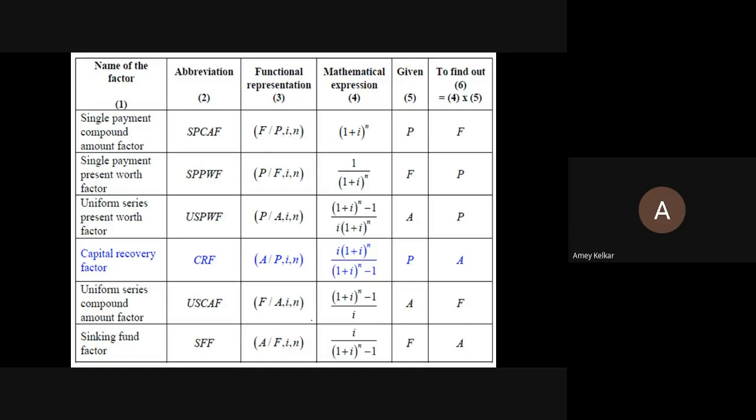Full row. Okay, so the abbreviation for that is SPCAF, and the formula to calculate the single payment compound amount factor is future value divided by present value, with interest and number of years. The mathematical expression is (1 + i)^n, that is, 1 plus interest raised to the number of years.